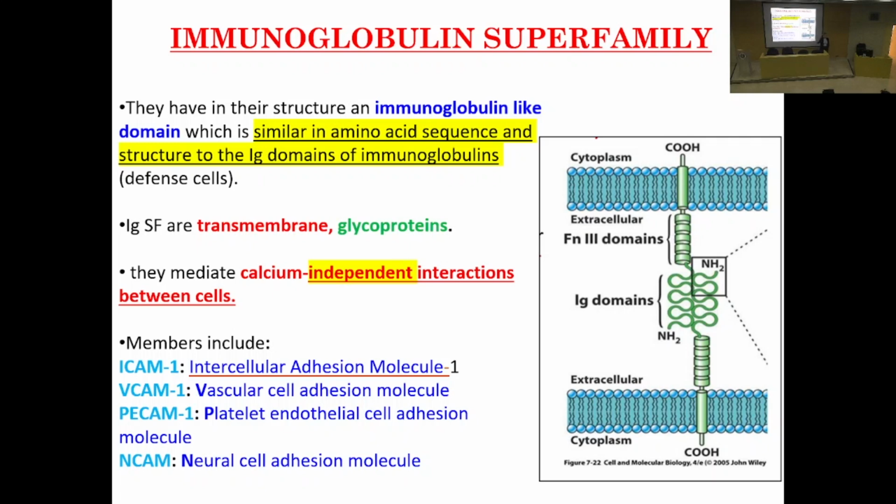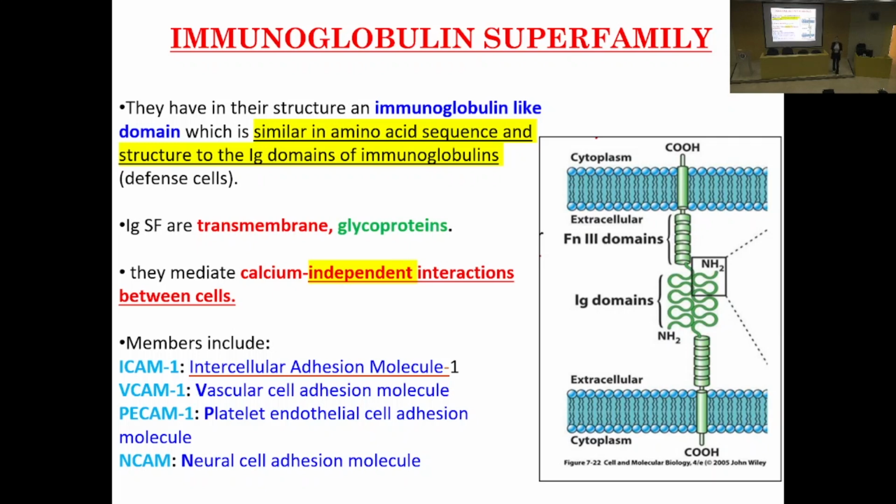Same thing, this short cytoplasmic domain is linked to the cytoskeleton via a linker protein. They found this sequence in the extracellular domain. This sequence of amino acids resembles, in terms of sequence, the immunoglobulin sequence.